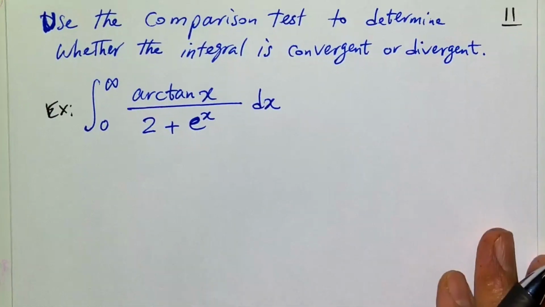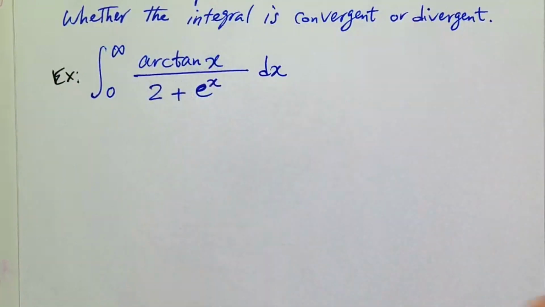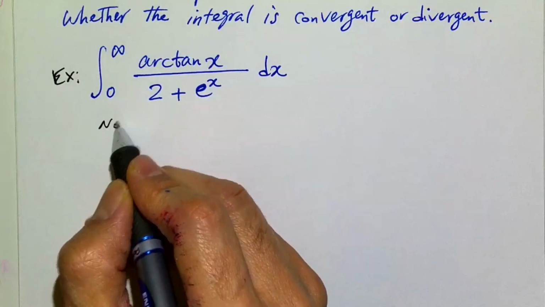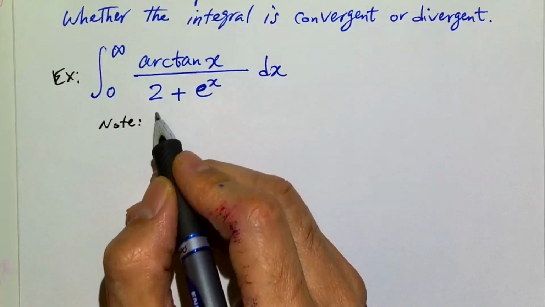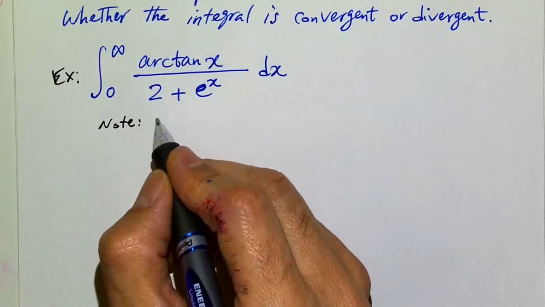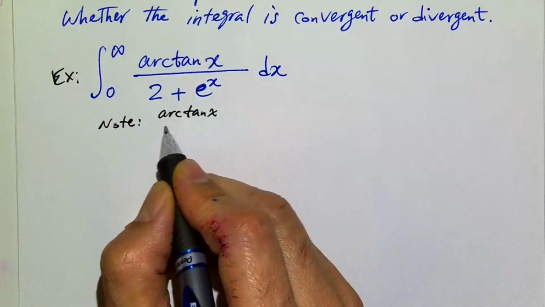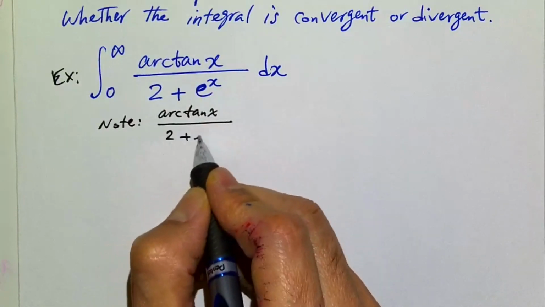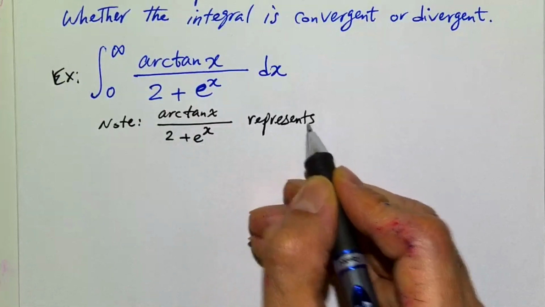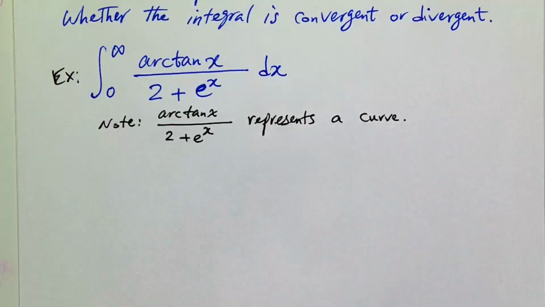Okay, so notice that this integrand, arctangent x divided by 2 plus e to the x, represents some kind of a curve, right?